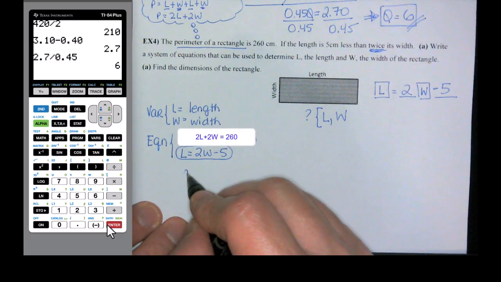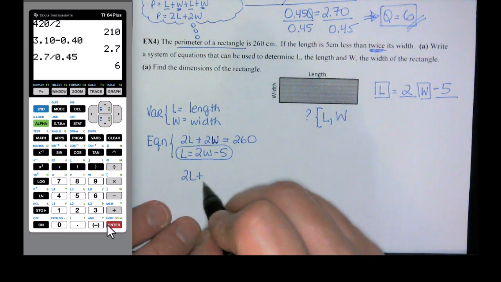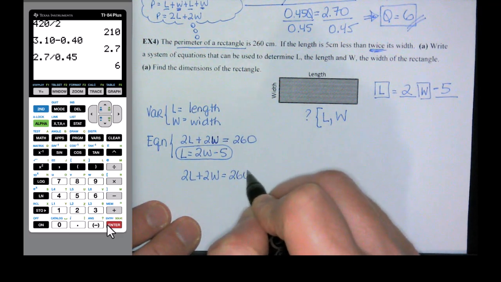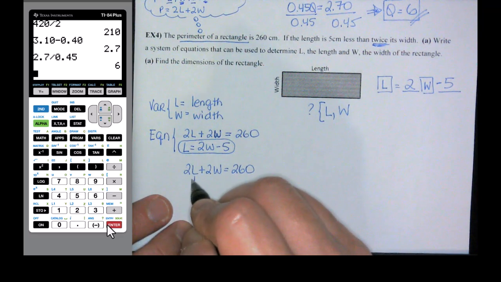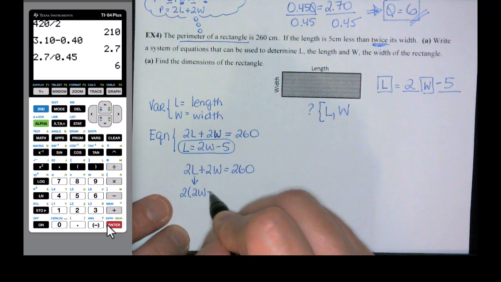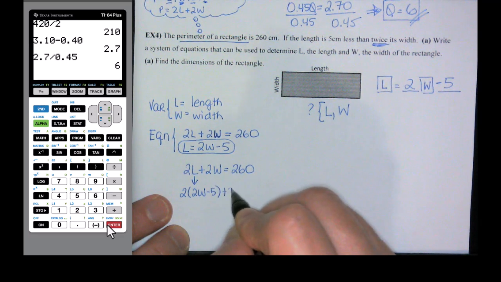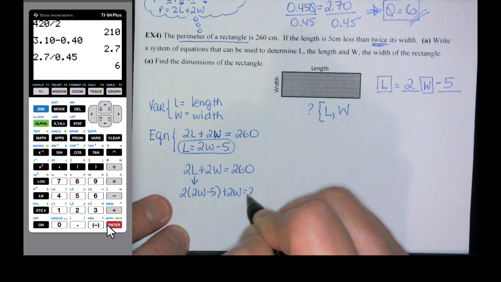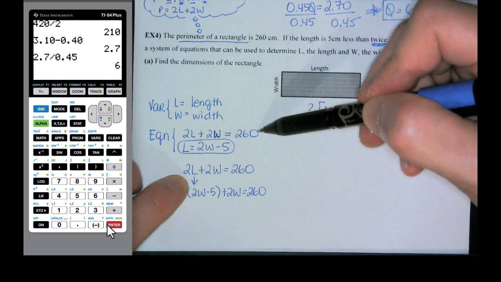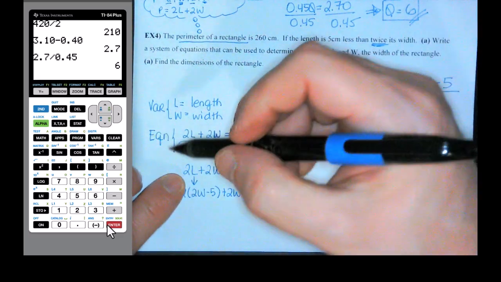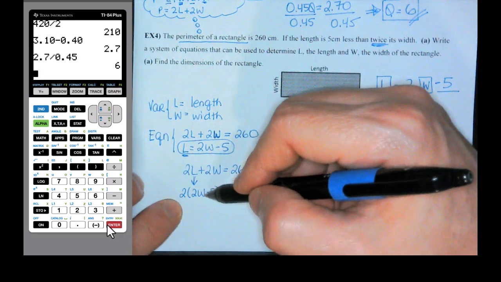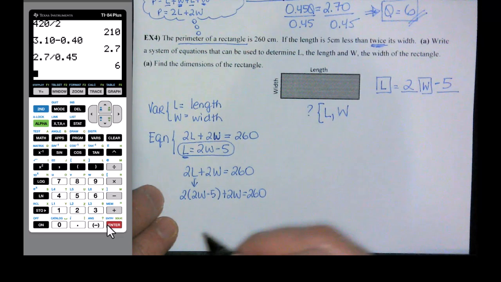I copied the first equation, so this would be 2L plus 2W equals 260. Now I'm going to plug in the L, so this would be 2 times (2W minus 5) plus 2W equals 260. So basically I copied the first equation, I used the other equation. Since the L is alone, I put an arrow underneath the L, and instead of L, I replace it with 2W minus 5.